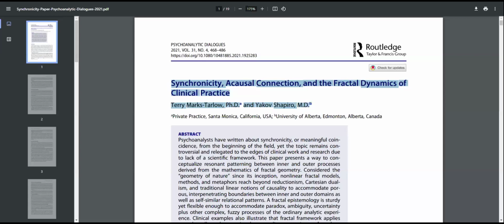Introduction. This paper focuses on synchronicity, a term coined by Carl Jung to indicate meaningful coincidence, or acausal correlations between psychological and physical phenomena.